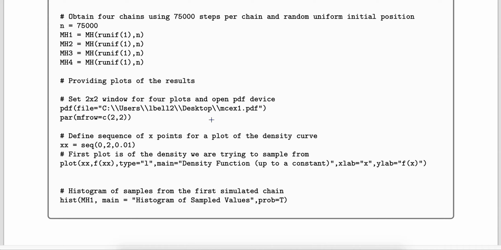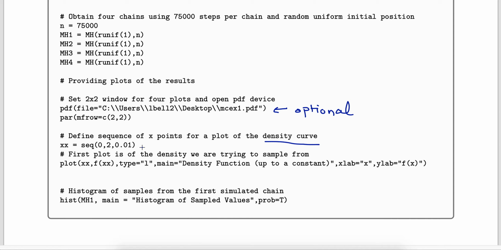So let's look at some plots to get information here. Remember, this little bit here is just optional. You don't need to store it somewhere if you don't want to. This gave us our 2x2 plotting window, so I can plot 4 things at once in the same window. So the first thing I'm going to plot is our density curve up to a constant. I'm going to ignore that initial position.